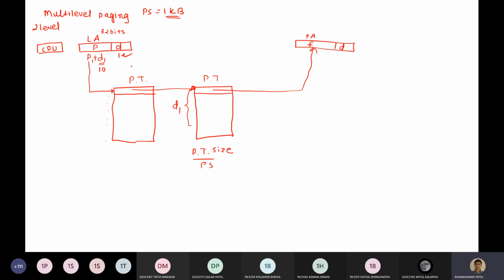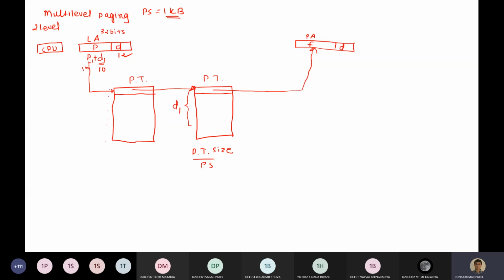I'm just assuming 12. So this is D1, and it's around 1K, that is 10. So now your logical address is divided in 3 portions.